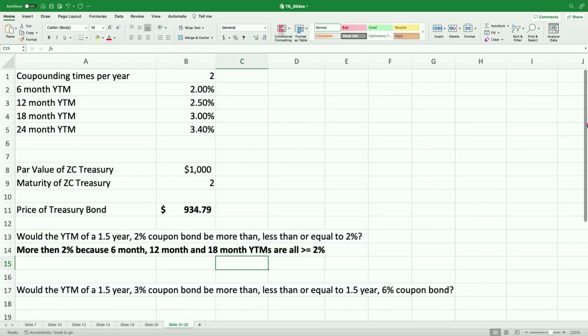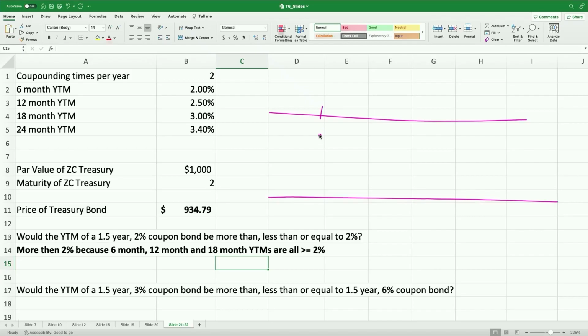So 2 bonds, 0, 0, 0.5, 0.5. Right, 0.5 is just 6 months. 1, 1, 1.5.